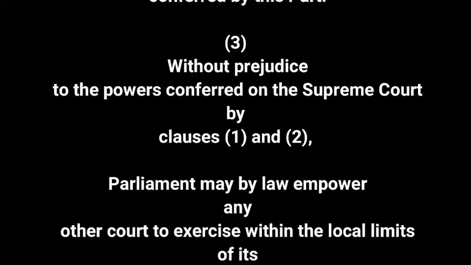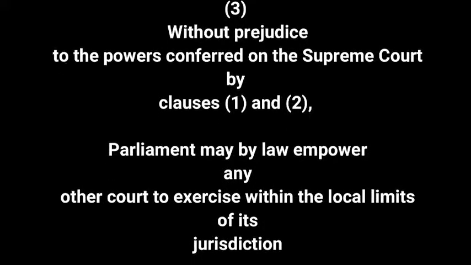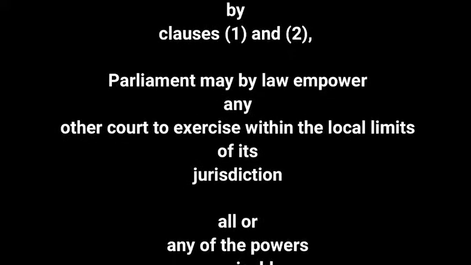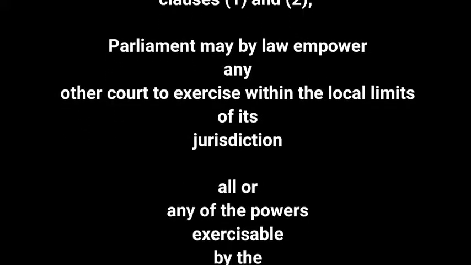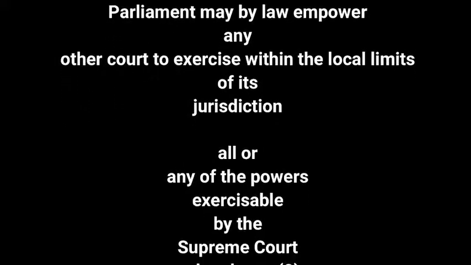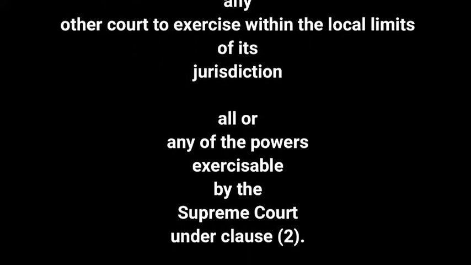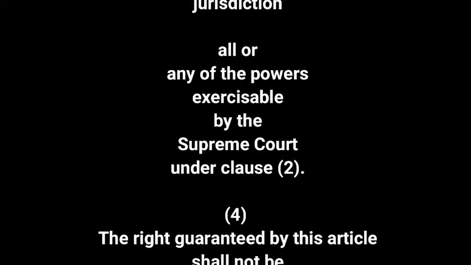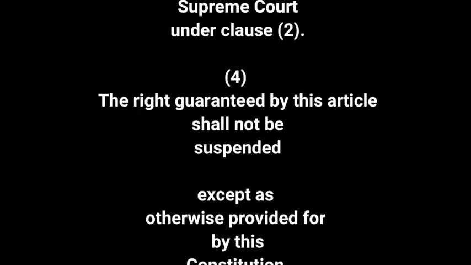Without prejudice to the powers conferred on the Supreme Court by clauses 1 and 2, Parliament may by law empower any other court to exercise, within the local limits of its jurisdiction, all or any of the powers exercisable by the Supreme Court under clause 2. 4. The right guaranteed by this article shall not be suspended, except as otherwise provided for by this Constitution.